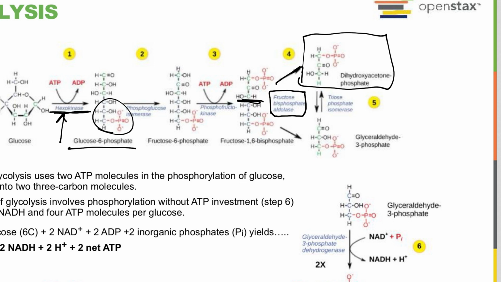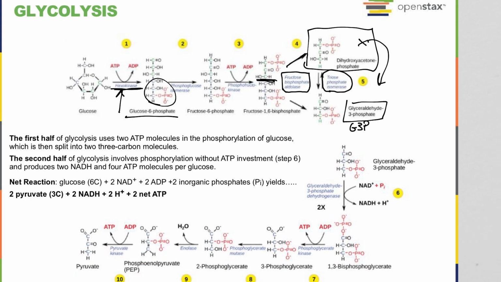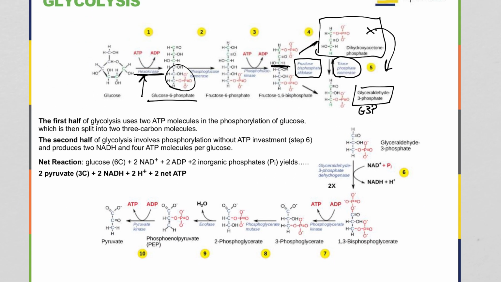This dihydroxyacetone phosphate looks slightly different than glyceraldehyde 3-phosphate, but there's an enzyme that can convert one to the other. And so step 5 is just converting this molecule into G3P. This glyceraldehyde 3-phosphate, which you'll see written as G3P a lot of the time, is what enters the second half of glycolysis.